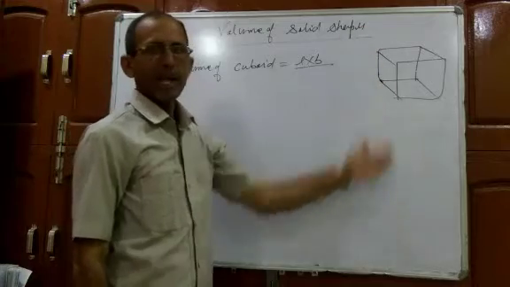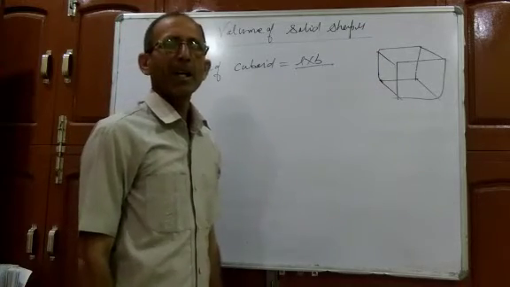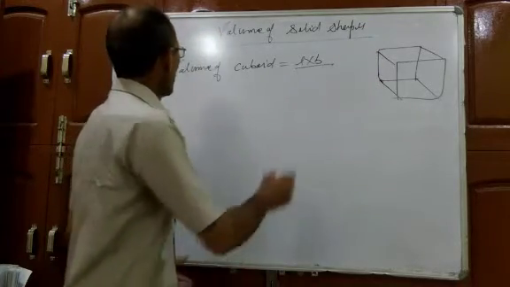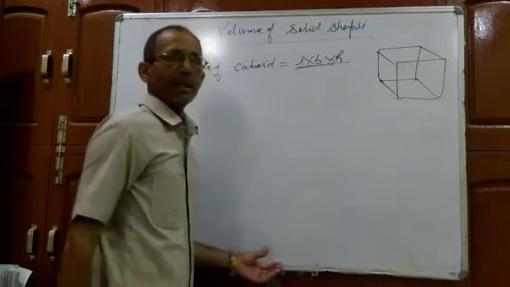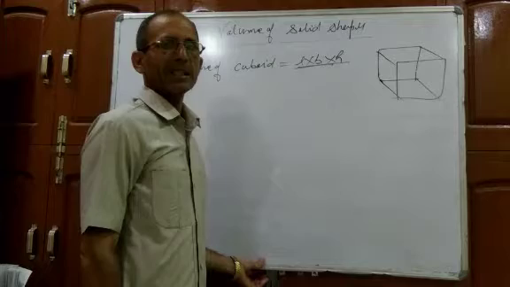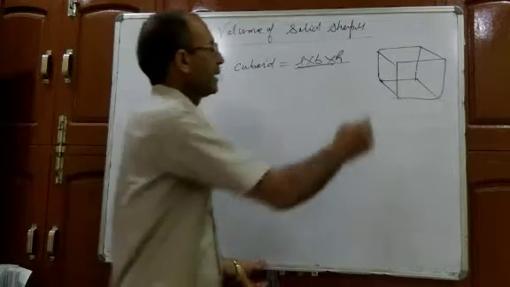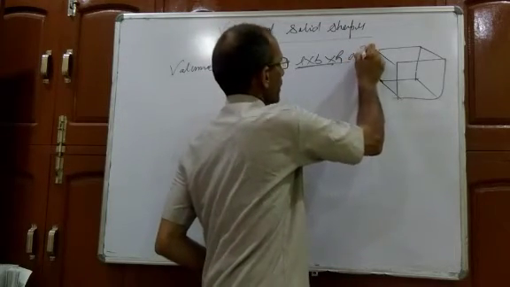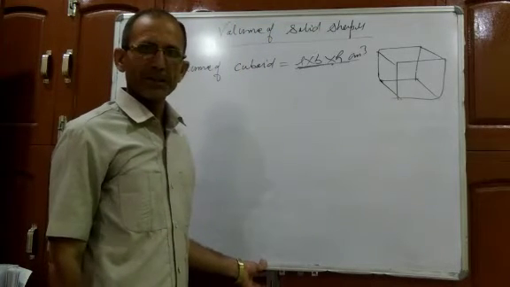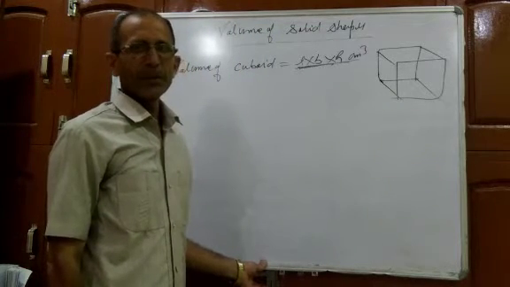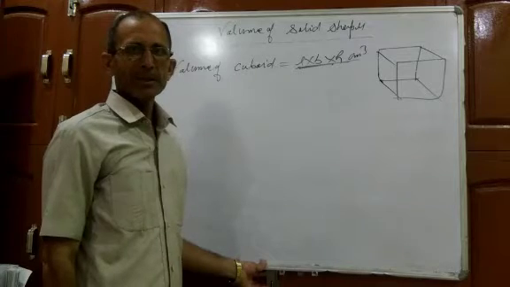If it is multiplied by height, we will get the volume. So volume is length multiplied by breadth multiplied by height, in cube centimeter. This is the volume of a cuboid. Have you understood?